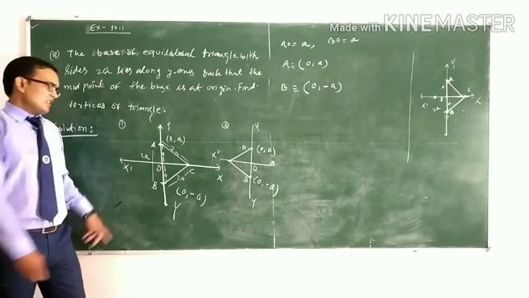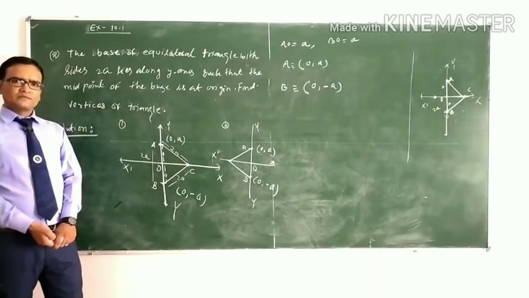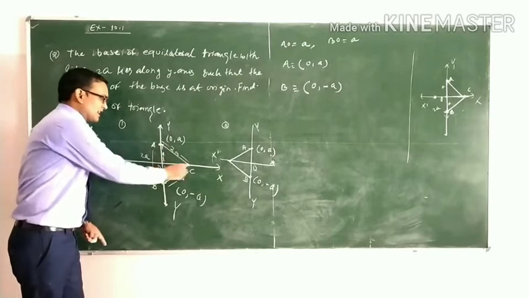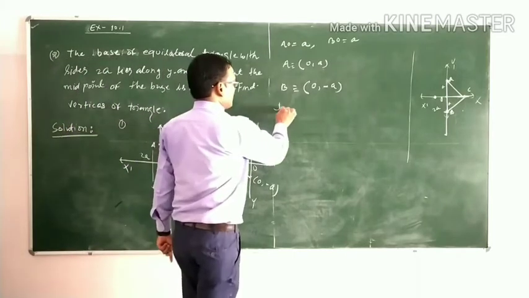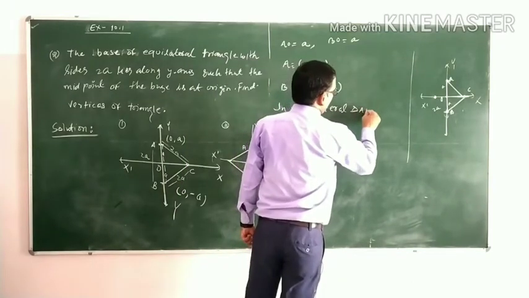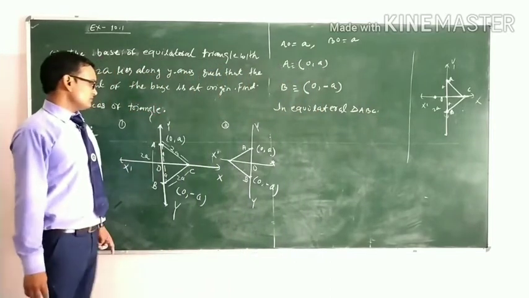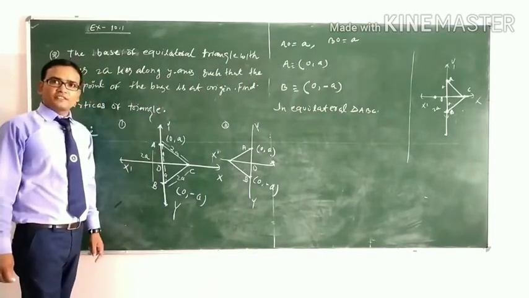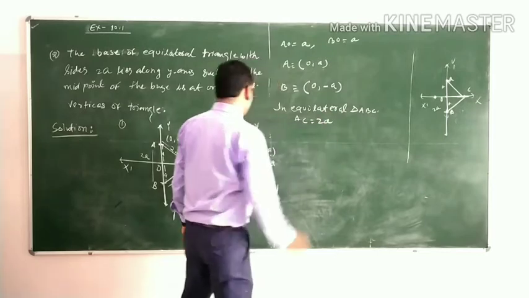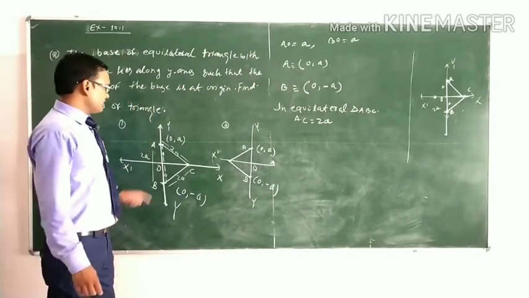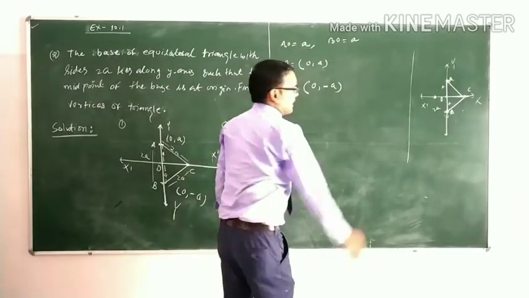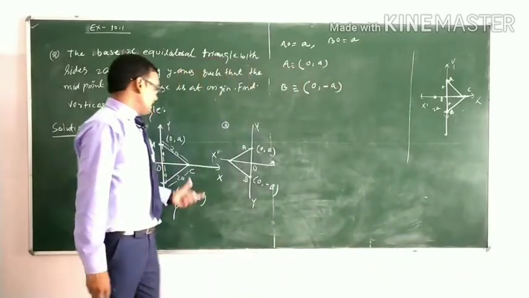If we find the length of OC, then we find the coordinate of point C. In equilateral triangle ABC, AC is equal to 2a. Our next target is to find the length of OC.